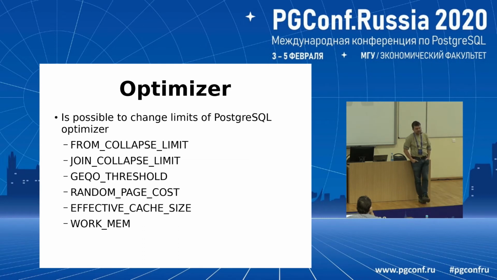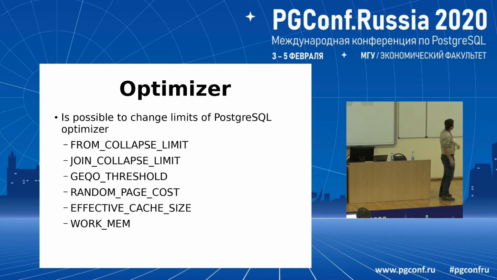The genetic optimization is very fast, but doesn't ensure the optimal plan. You get some good plan, but it cannot be optimal. It can find some local optimum. And again, you can increase geqo_threshold, then you prefer deterministic optimization, but the optimization will be longer, and the plan will be better.